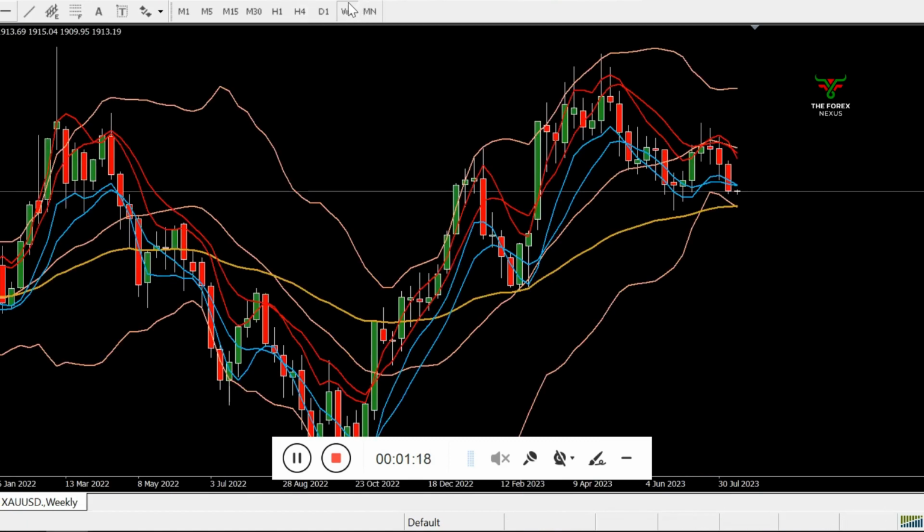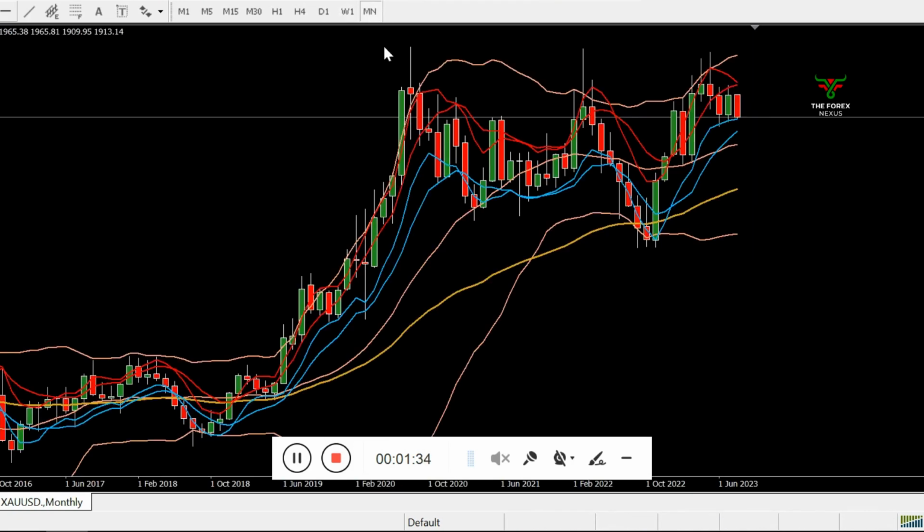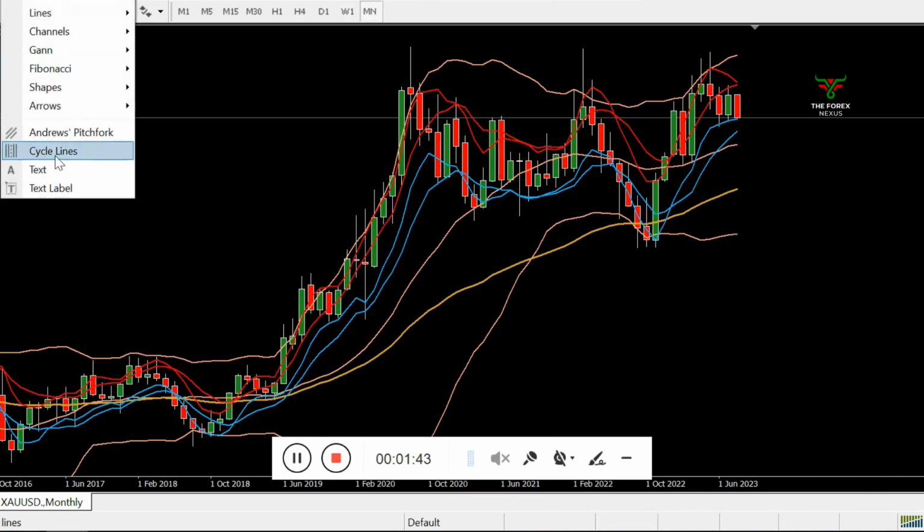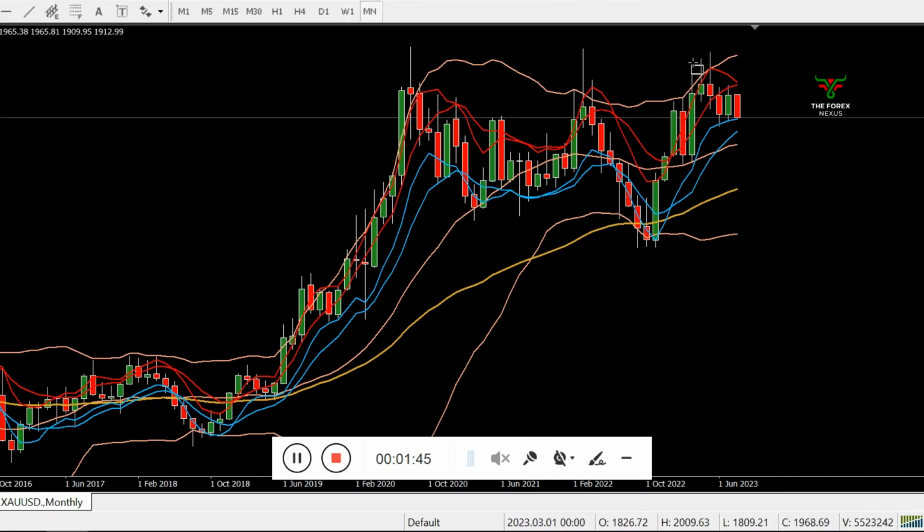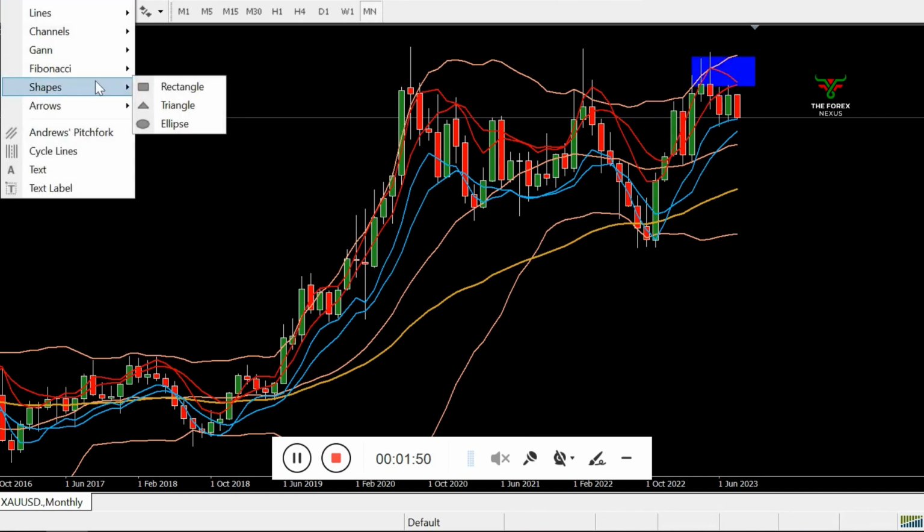So on weekly time frame we have ECST which breaks the EMA 510 low. Let's check out monthly. On monthly, you can see here we have extreme plus MLV.